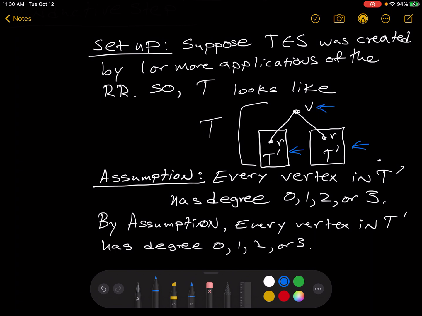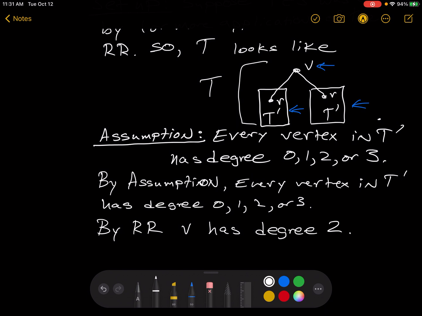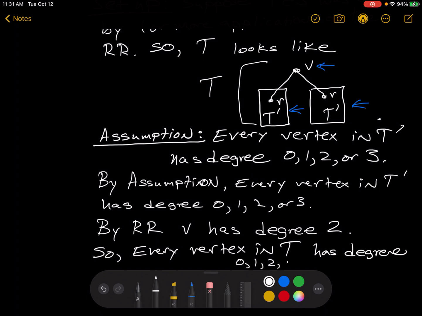So all we really have to check is v. And this follows by the recursive rule: by definition, v has degree 2. So every vertex in T has degree 0, 1, 2, or 3. And that's it. That's the proof.